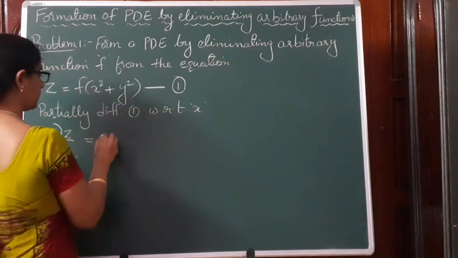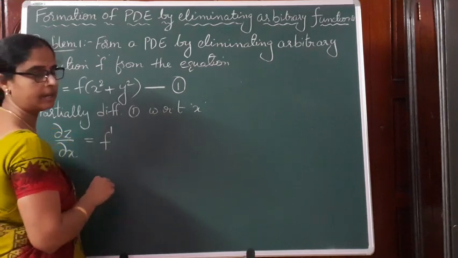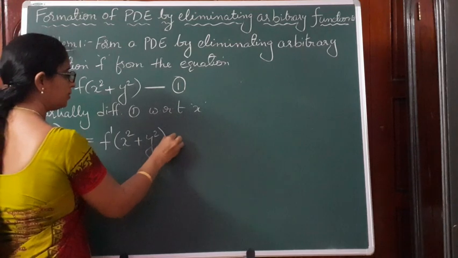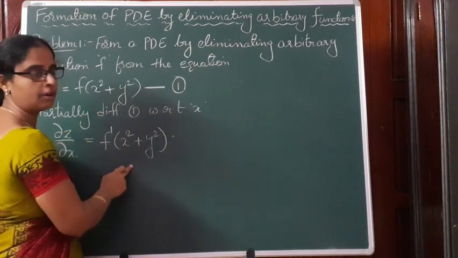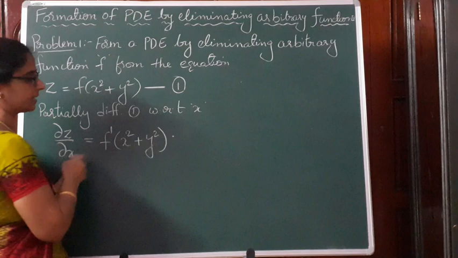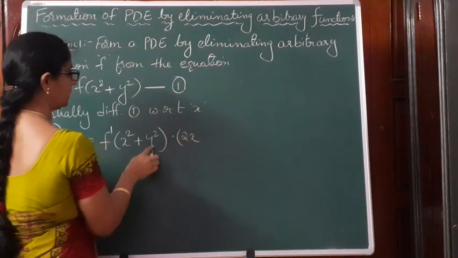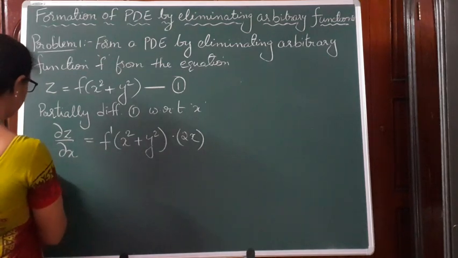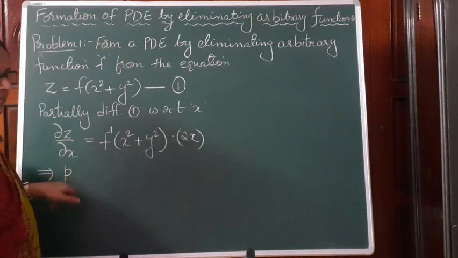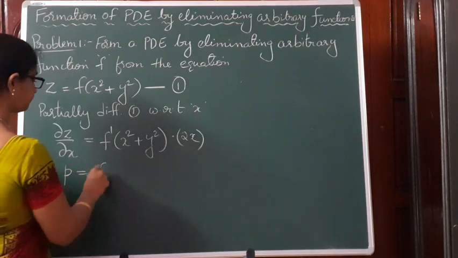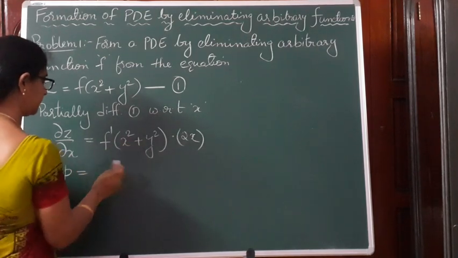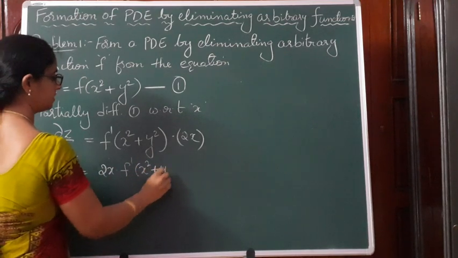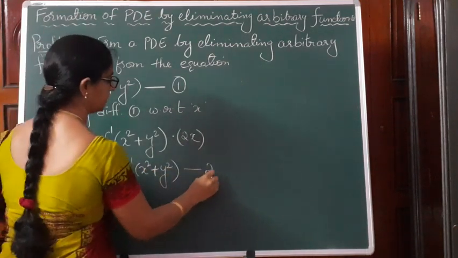Because we do not know what f is, we write the derivative of f as f dash of x square plus y square into the internal derivative. The derivative of x square plus y square with respect to x is 2x, because y square is constant and hence its derivative is 0. Hence we obtain p is equal to dou z by dou x is equal to 2x into f dash of x square plus y square. Call this equation number 2.